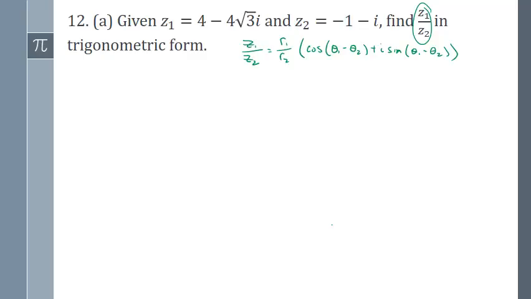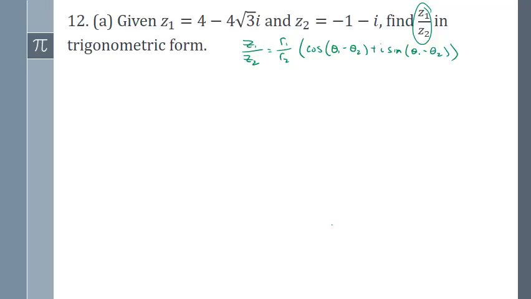The r's are like the magnitudes of our complex numbers, and the thetas are the directions. We know how to find the magnitude and the direction. We just treat the real and the imaginary component like they're the a and the b.